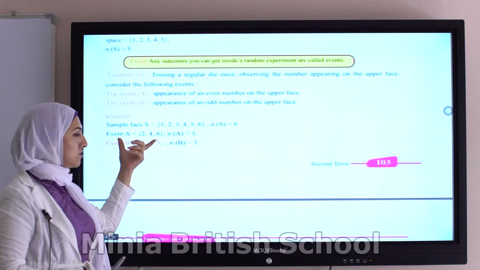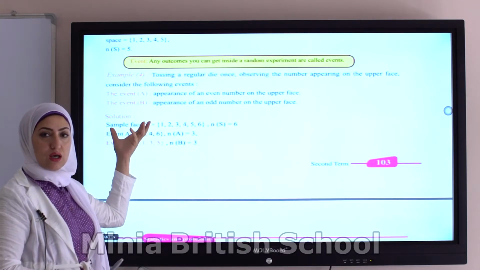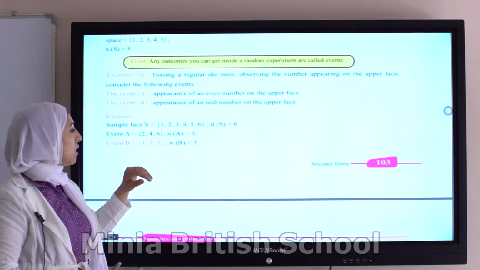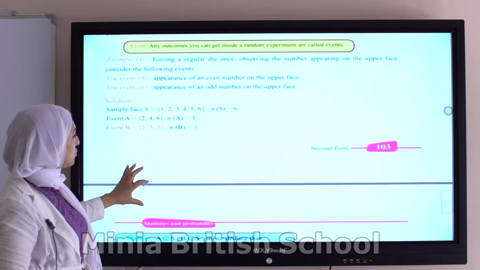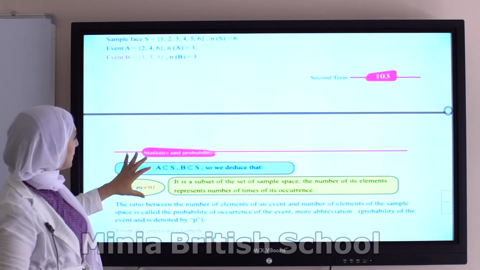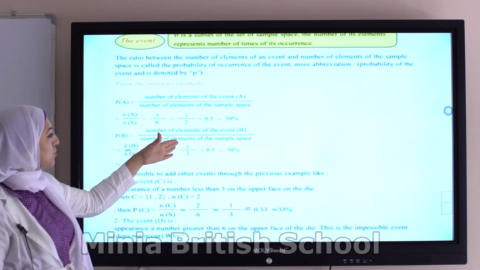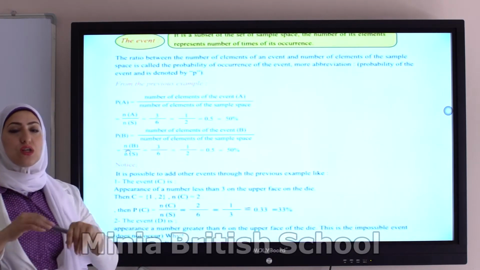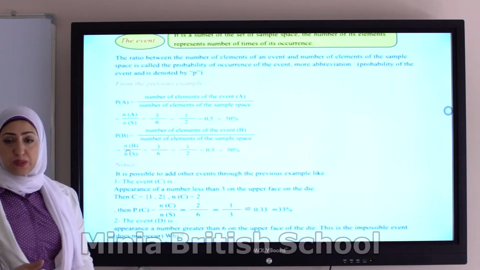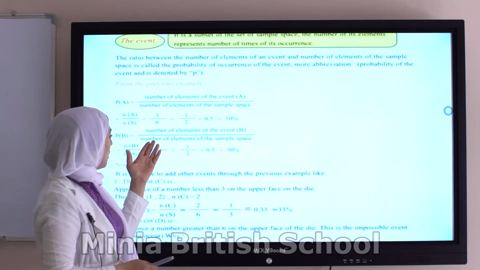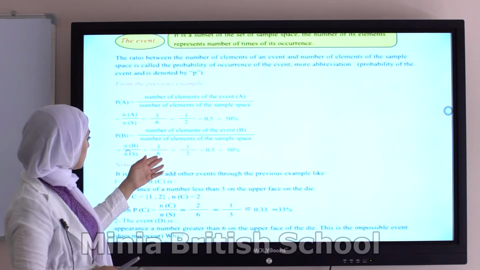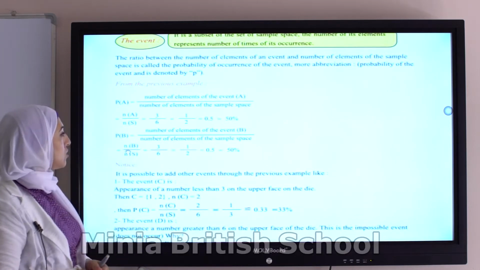It's also 3 outcomes over the total. So the probability of event B is the number of elements of event B over the number of elements of the sample space, 3 over 6, also equals half.